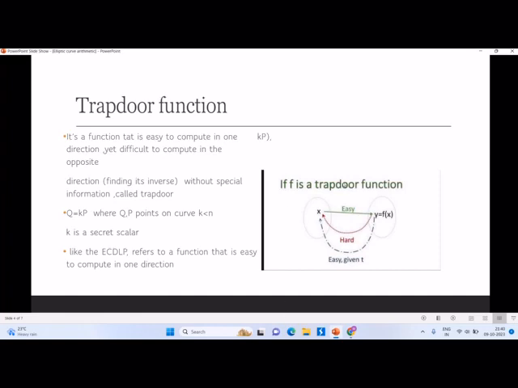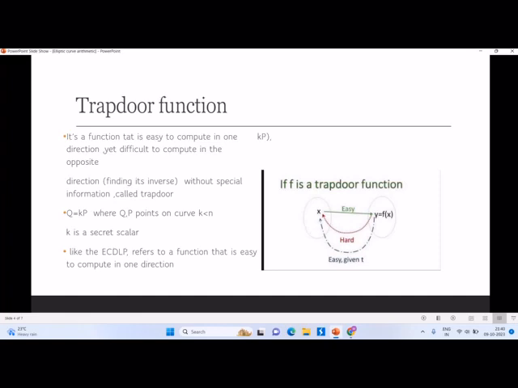In this diagram, from x we go to y equals f of x. If we move from x to y, it is easy. When we move from y equals f of x back to x, it is very difficult.